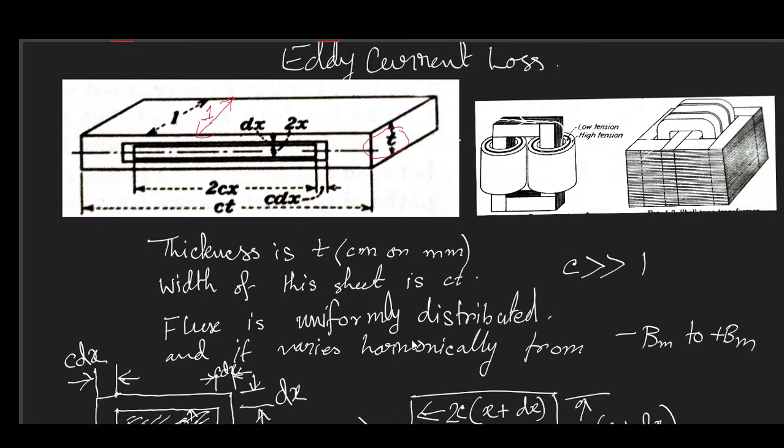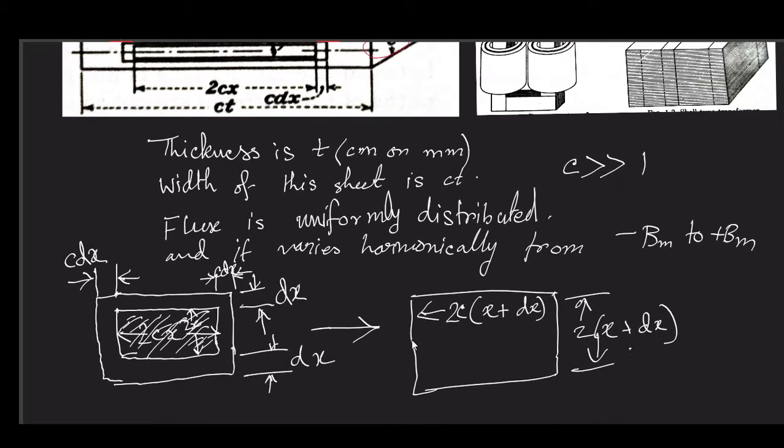Now we consider this laminated sheet to be made up of elementary paths, where one elementary path we have drawn here with inner sides 2cx and 2x, and the outer side 2cx plus dx. This is the outer rectangle, right?